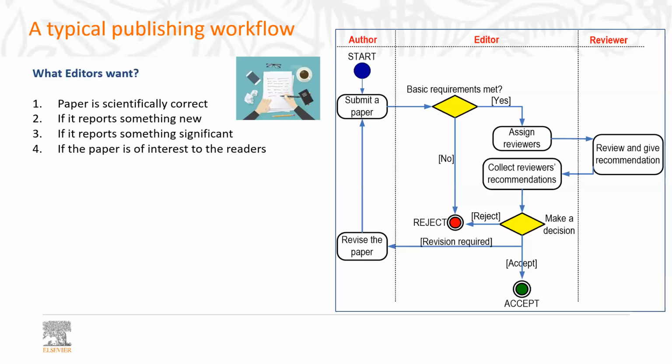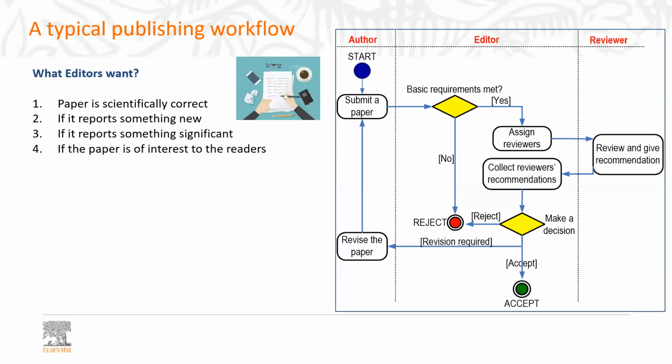What does the editor actually look into in your paper? The first is that the paper should be scientifically correct. It should not be an isolated piece of work. It should build upon some concept. It should be new, novel. When I say new, it can be anything: a new product, new concept, new idea, new way of interpretation, but it should have some new concept or novelty in the area that you want to publish.